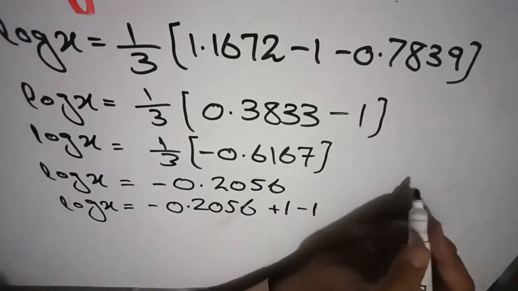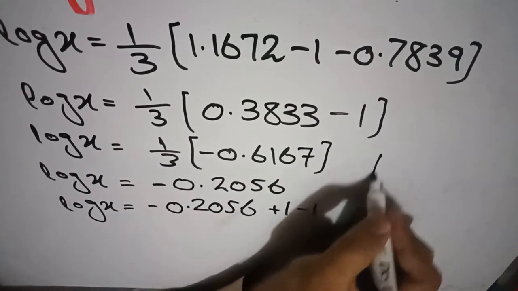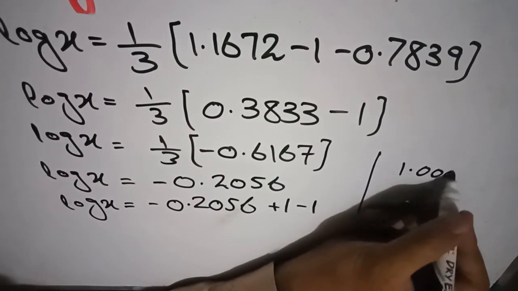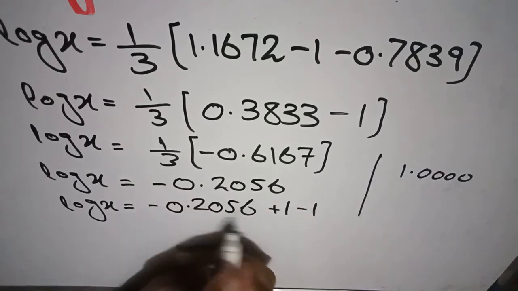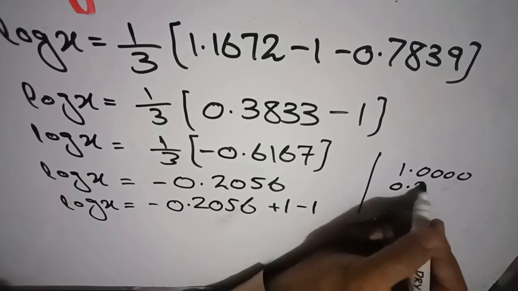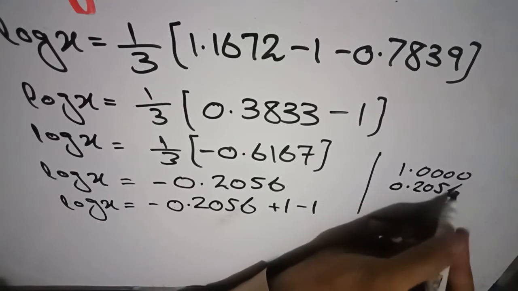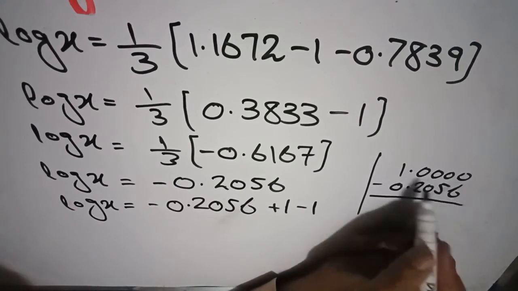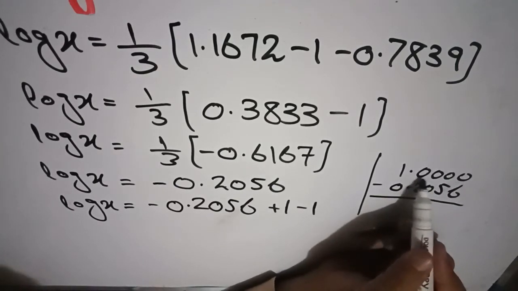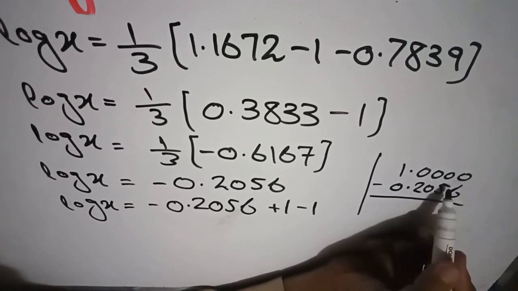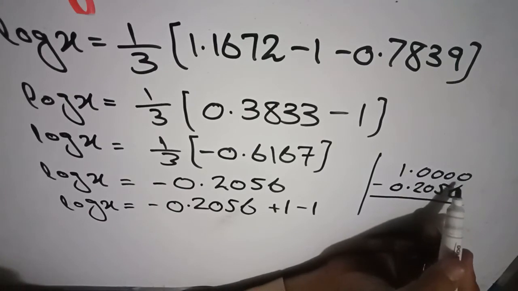I will do it in rough work for your assistance: 1.0000, because we have this value 0.2056 in decimal form, so I place zeros up to 4 digits so that you can easily subtract it.